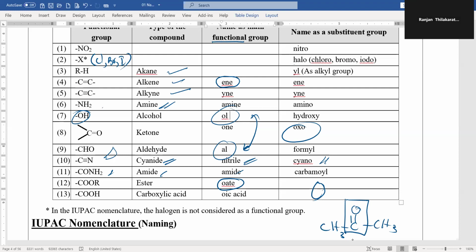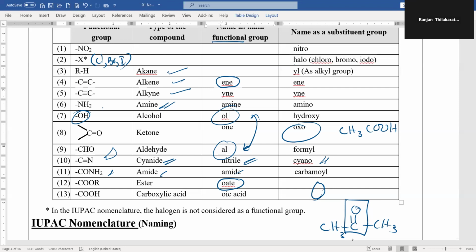Then they will not become substituent groups. And the carboxylic acid, you know that acetic is a basic carboxylic acid. Then the name ends with oic acid. Now we have 2 carbons, CH3COOH. This is a carboxylic acid having 2 carbons, so eth, and the name must end with oic acid.